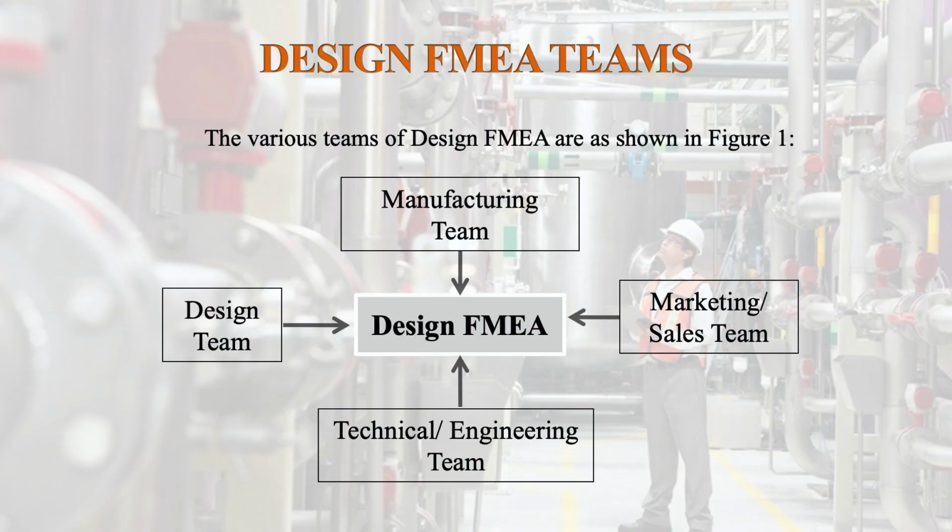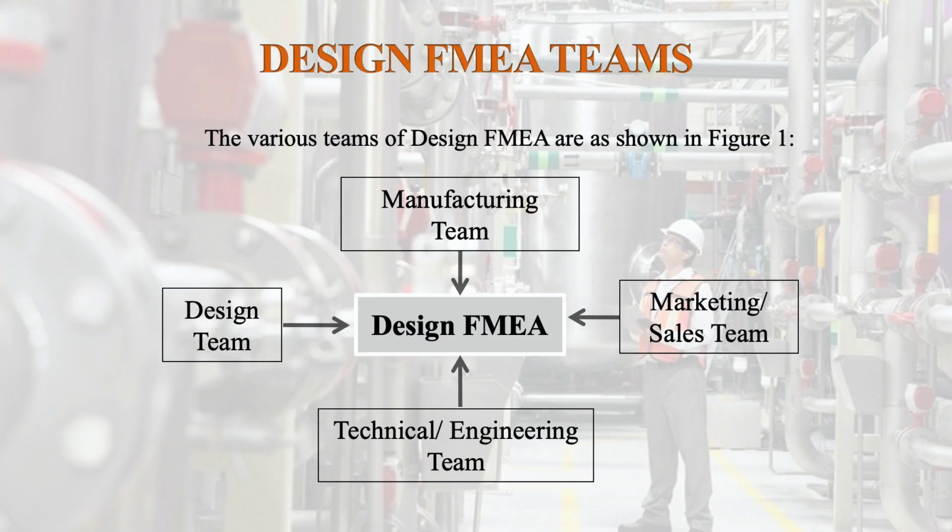So when the design is to be started, at the concept finalization stage itself, we have to think about the failure mode analysis. The design FMEA teams are as shown in figure 1. Here the design FMEA team includes the manufacturing team, marketing and sales team, technical or engineering team, then design team.